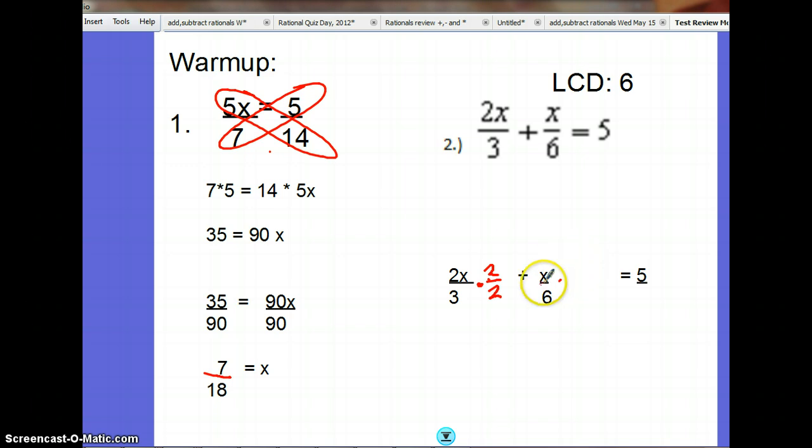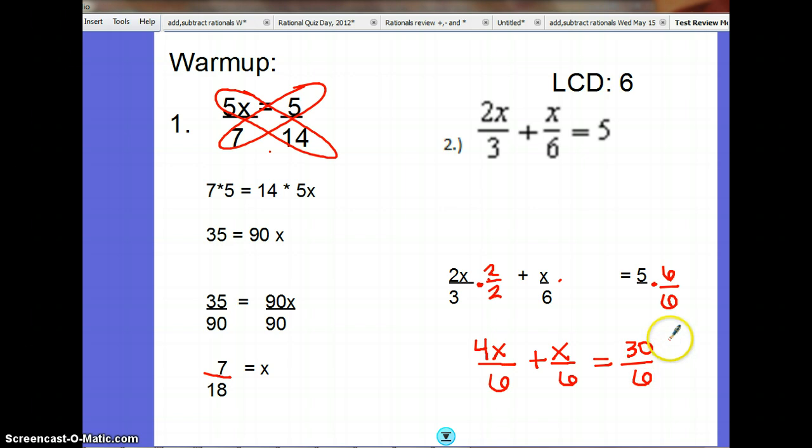Looking at the second term, I'm not missing anything, so I can leave it as is. And then looking at the expression on the other side of the equal sign, it's missing a 6 in the denominator, so I'm going to multiply both top and bottom by 6. Simplifying this yields 4x over 6 plus x over 6 equals 30 over 6.